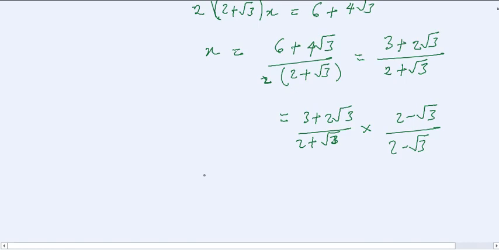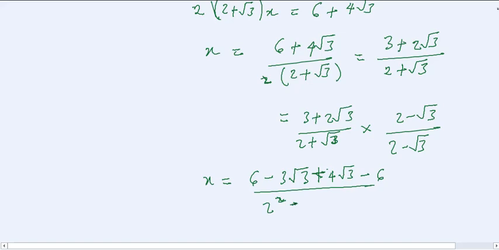So that at the end of the day I have x to be equal to, after rationalizing and simplifying, you will get 6 minus 3 root 3 plus 4 root 3 minus 6, everything over 2 squared minus root 3 squared.